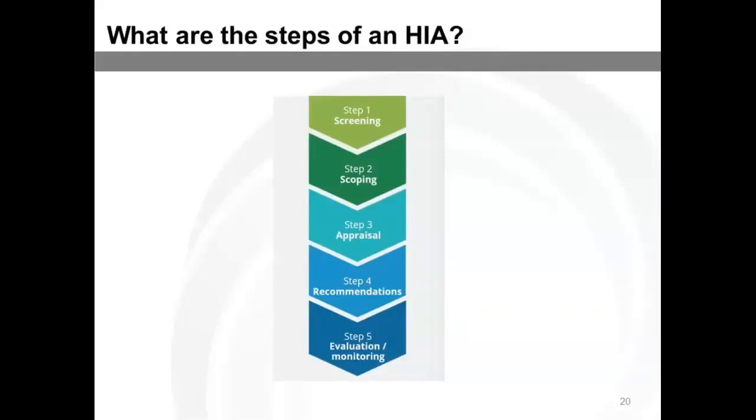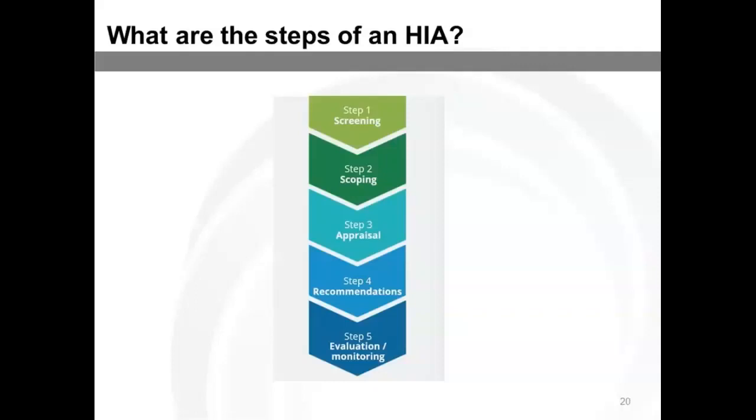And the first one is the screening step. It is the first step of an HIA. And the aim of this step is to decide if an HIA is needed. Do we need to conduct an HIA? This is the first question. And if we decide that an HIA should be done, then the next step will be the scoping.